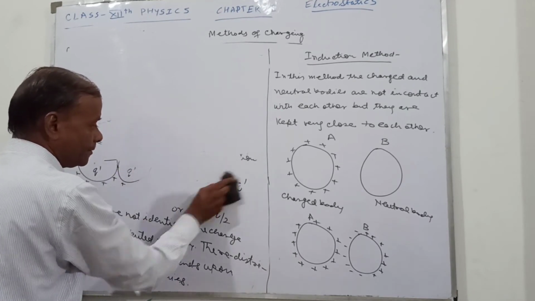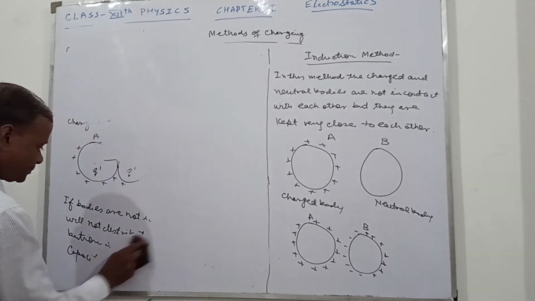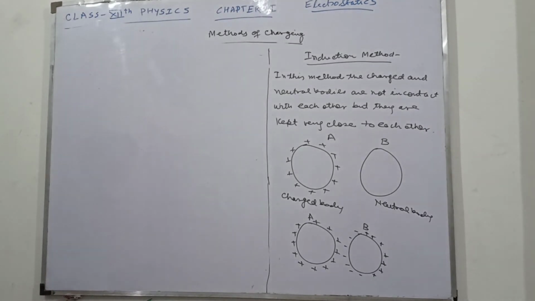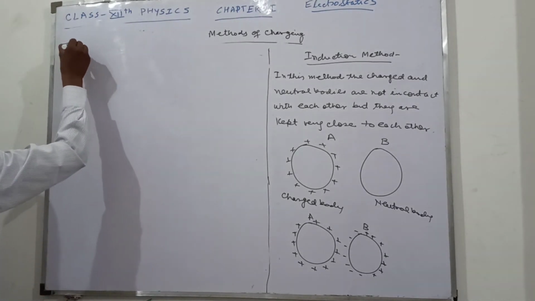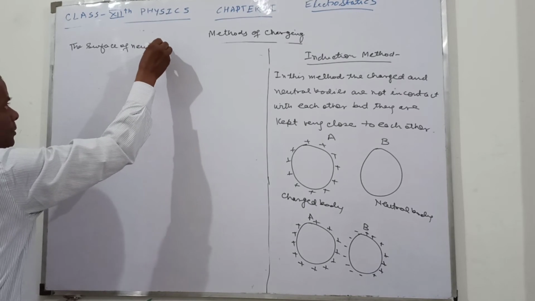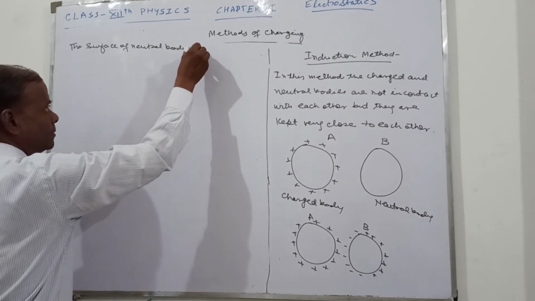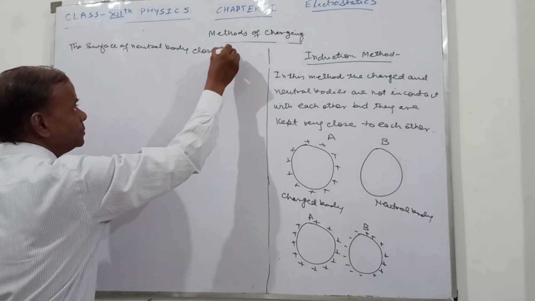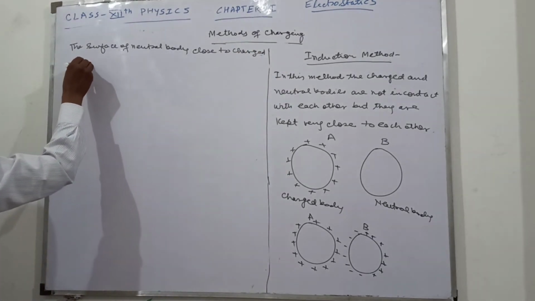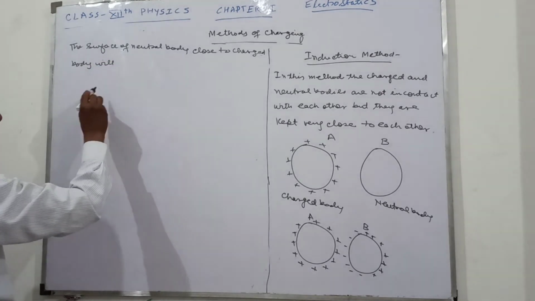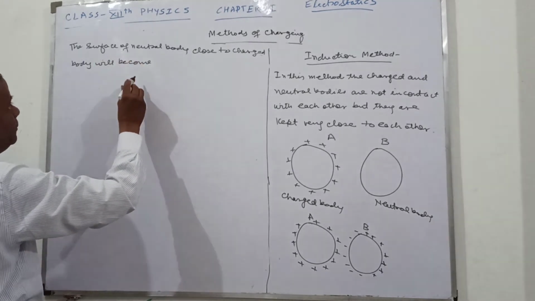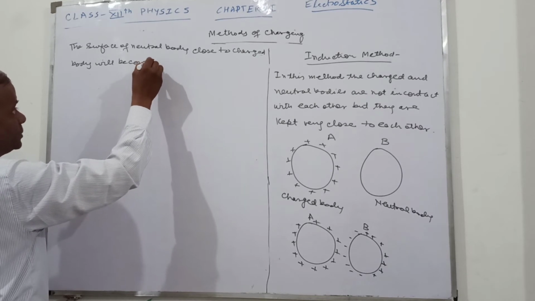So now I take the surface of the neutral body close to the charged body, it will become opposite charge.